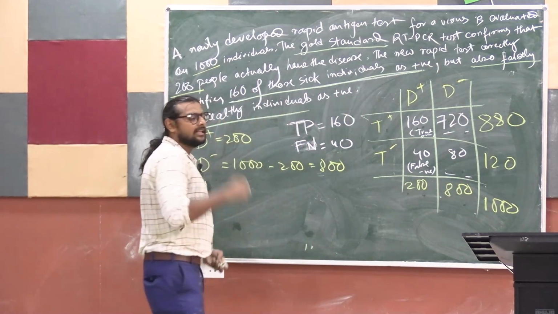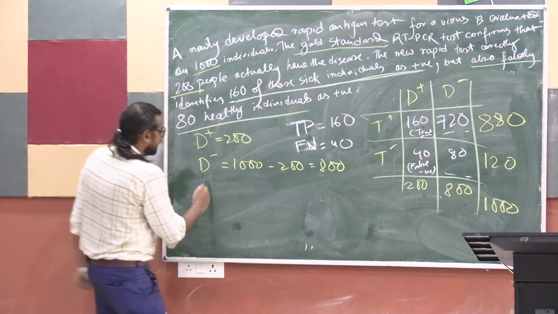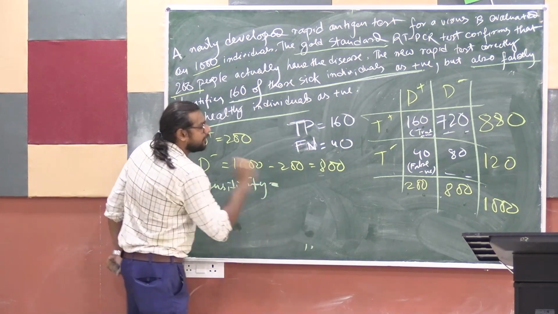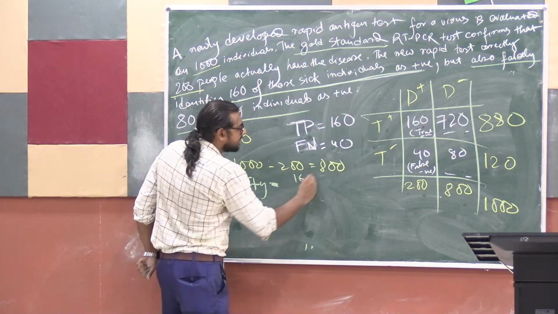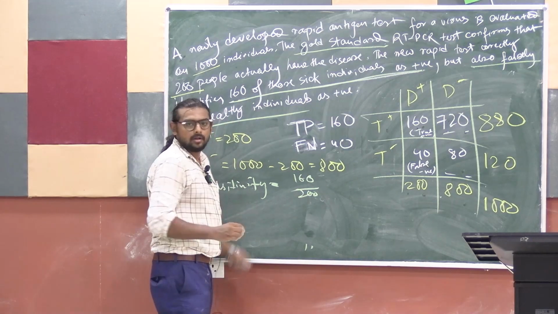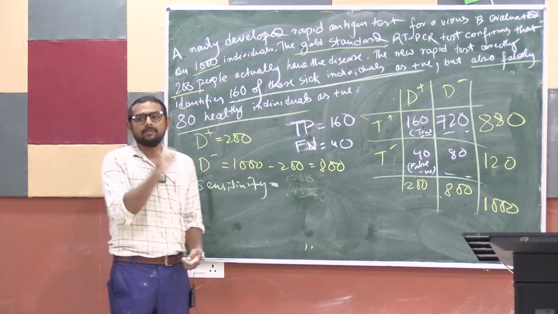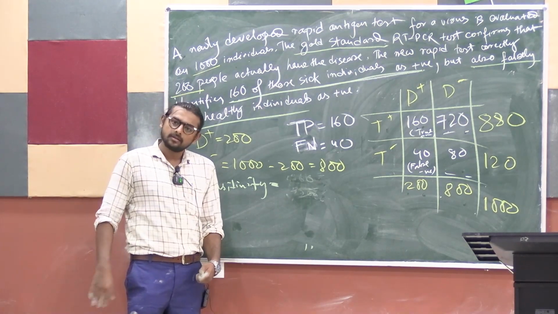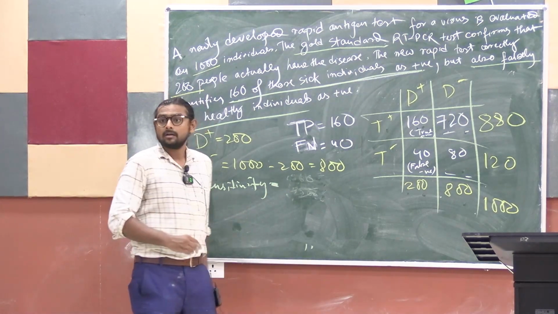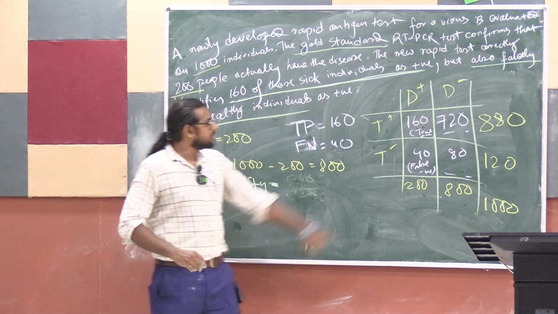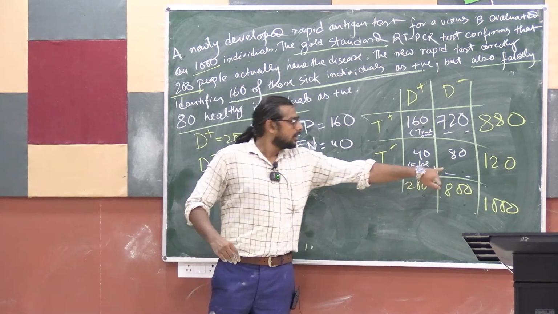And then while writing the formulas, like sensitivity, we don't go like sensitivity, okay, 160 by 200. No. We write the total complete formula here. True positive by true positive plus false negative. I wrote false negative, right?